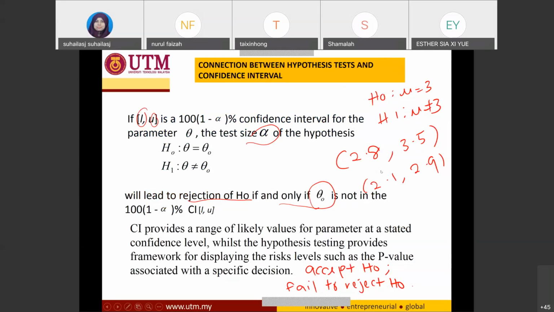Otherwise, we reject our null hypothesis. Or normally we write fail to reject our null hypothesis. That is the relation, the connection between hypothesis testing and confidence interval.